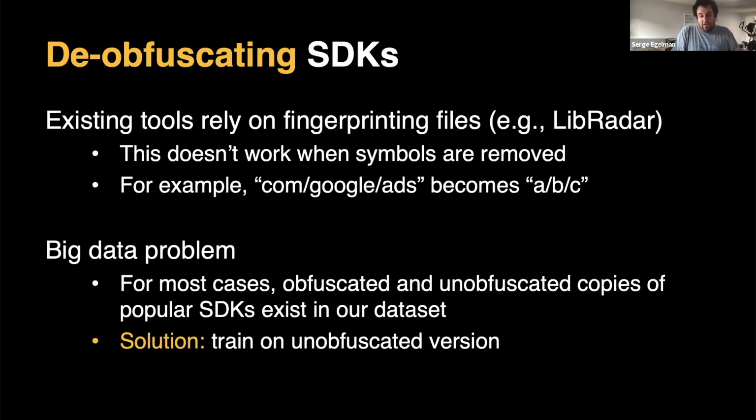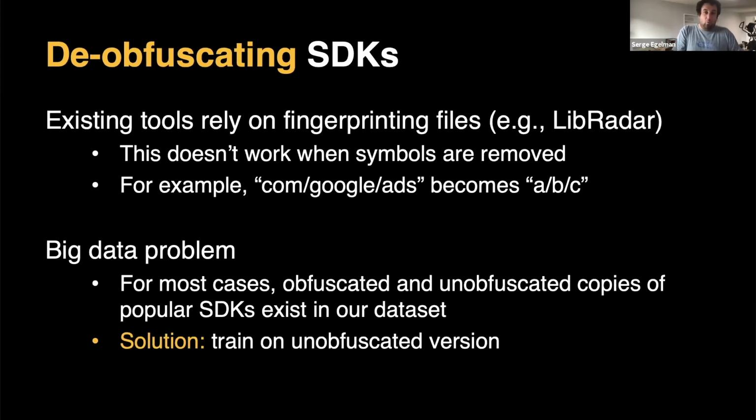We've been collecting hundreds of thousands of apps over the past couple of years. Some have SDKs that are obfuscated, and other apps didn't obfuscate their code, and so the same SDK exists in a version that isn't obfuscated.